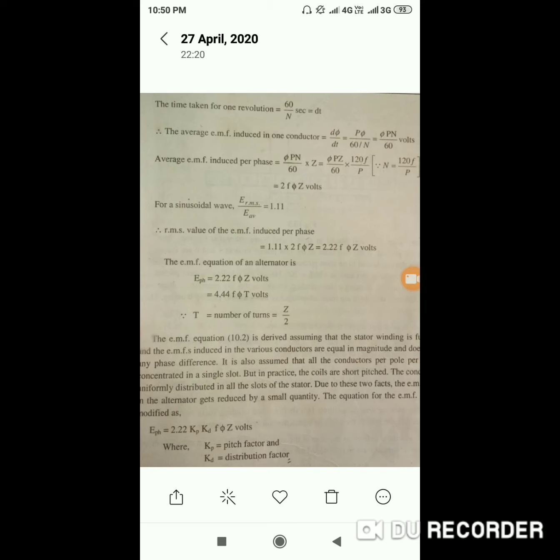It is also assumed that all the conductors per pole are concentrated in a single slot, but in practice the coils are short pitched. The conductors are uniformly distributed in all the slots of the stator. Due to these two factors, the EMF in the alternator gets reduced by a small quantity.